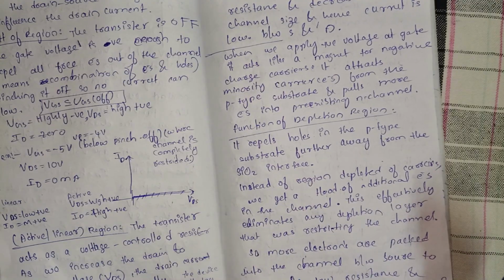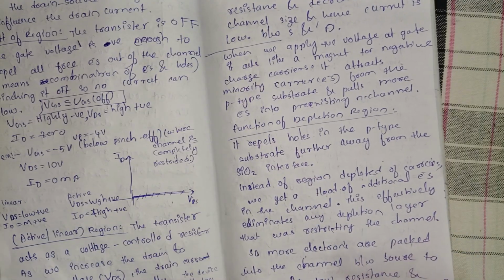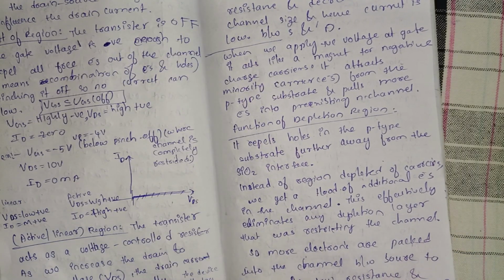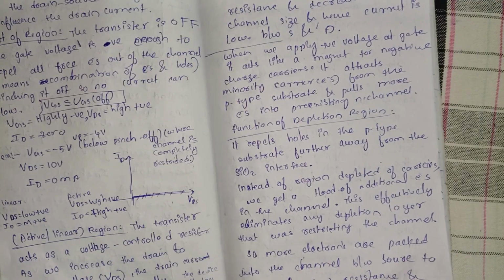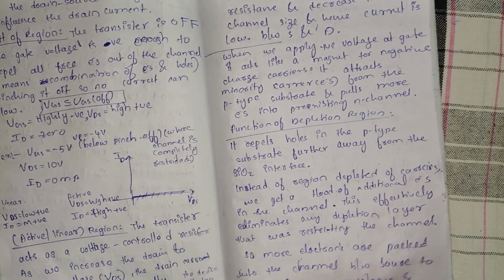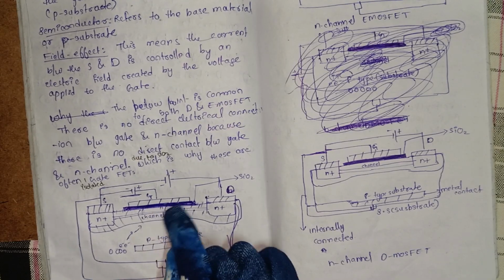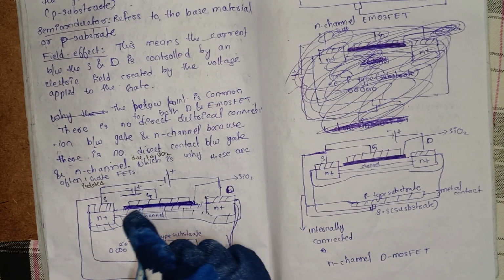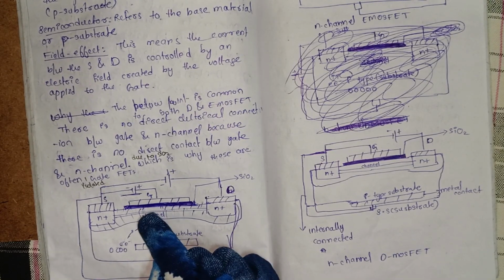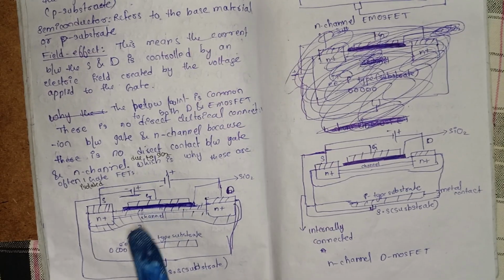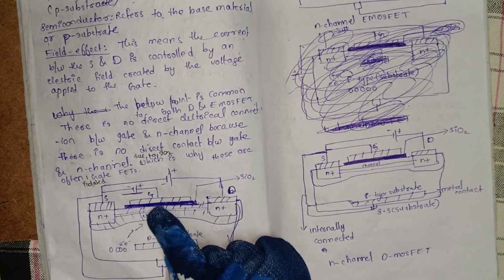It repels the holes in the p-type substrate further away from the silicon dioxide interface. So here is the depletion region above the channel, and below the channel is also there. It is very thin.